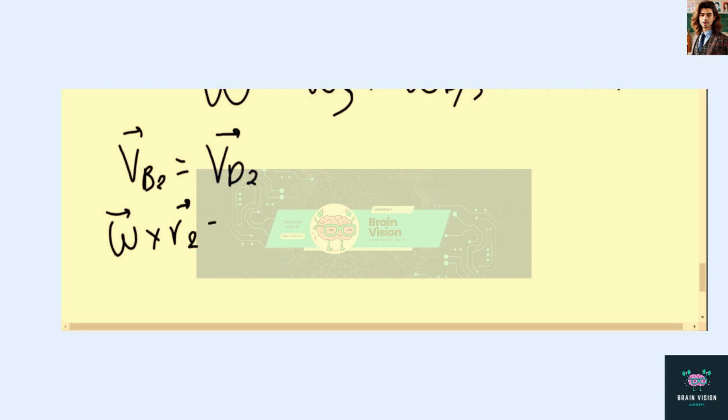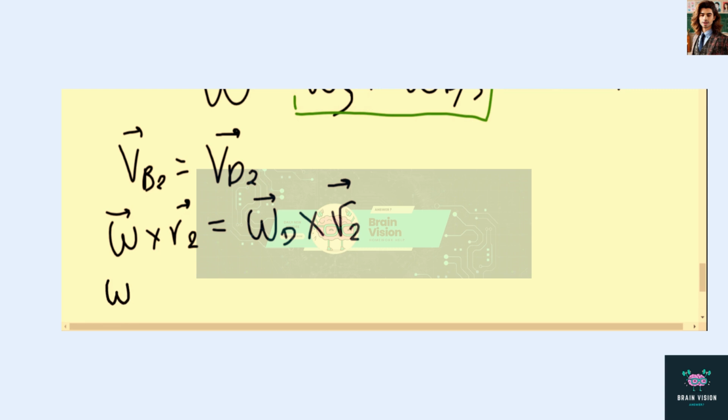For point 2, I'm just rewriting what I wrote before using the typical formulas for the linear velocity of points, and expressing omega using that expression there.